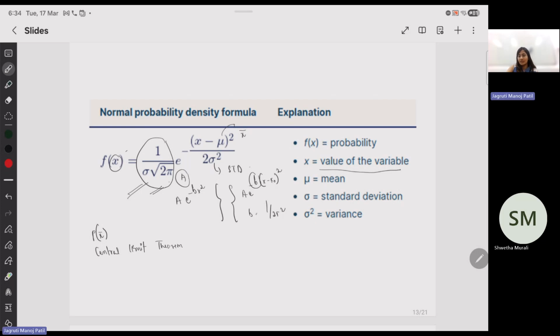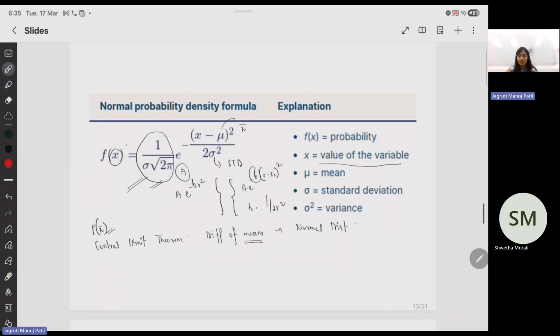The central limit theorem says that if you are representing data of differences, the distribution of the differences in means, then such a distribution can be called a normal distribution. So don't always confuse each data point X with the mean of the distribution. When you are trying to differentiate means between different data sets, you can write this as P of X bar.